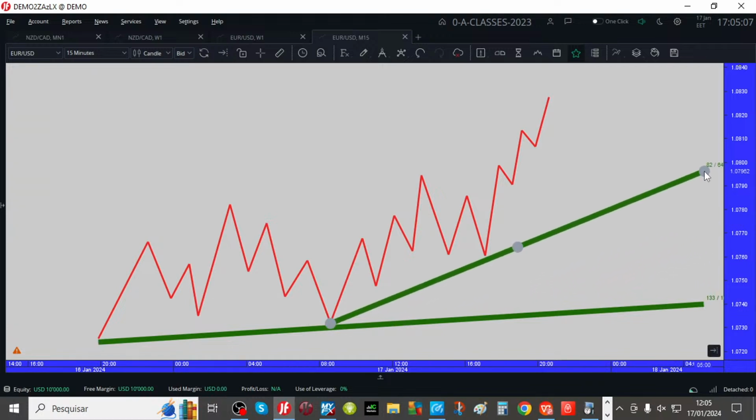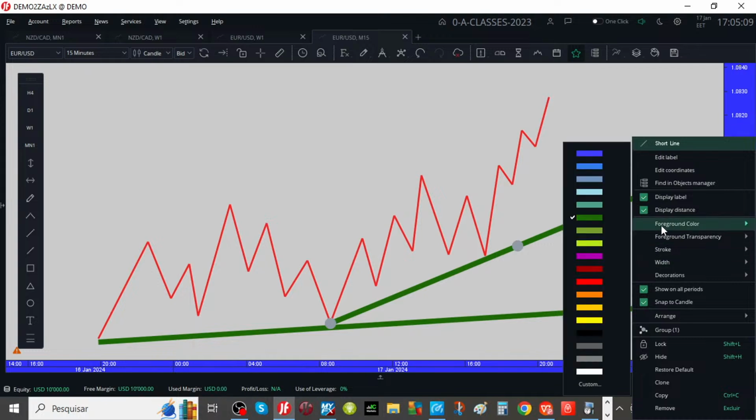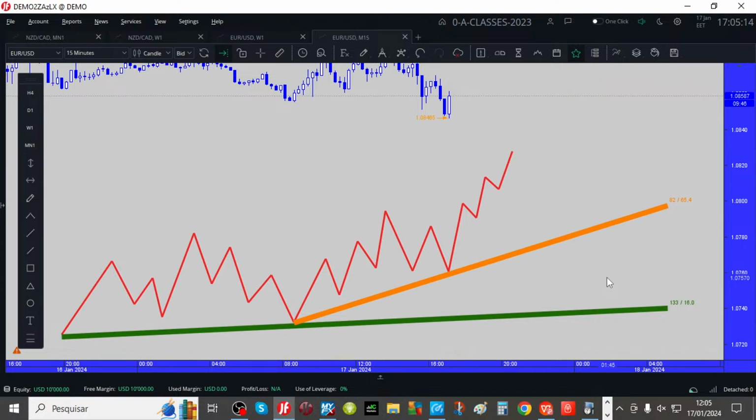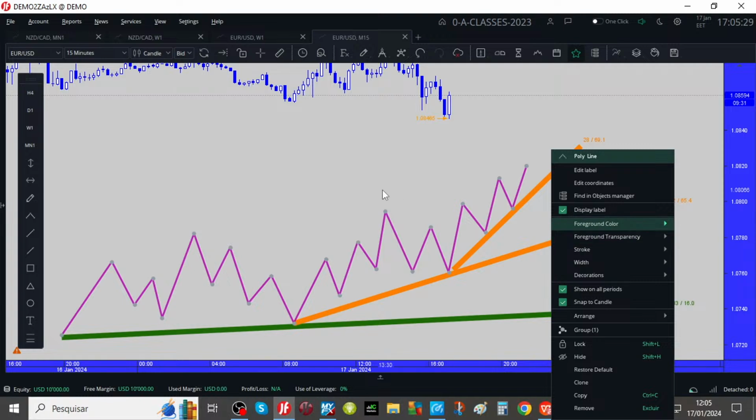Then it could have the medium-term trend line. Let's circle this in orange. And it is going to have, maybe something like this, the short-term uptrend line. Let's circle this in violet.